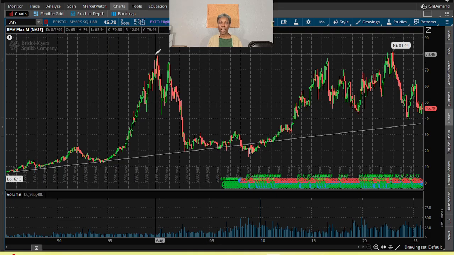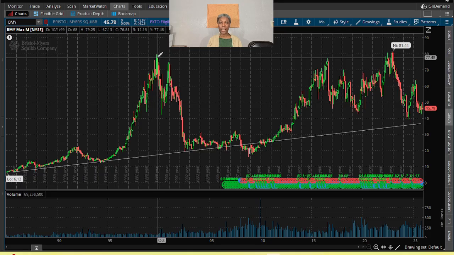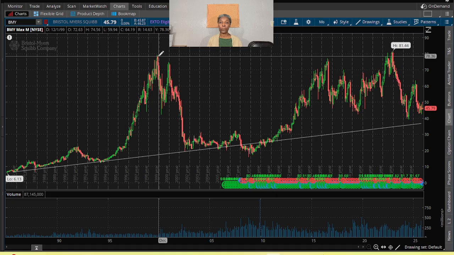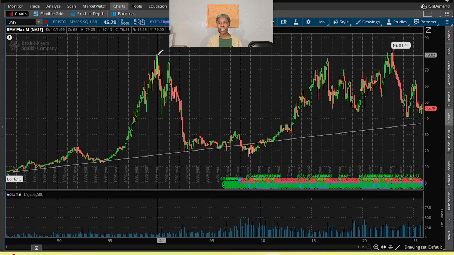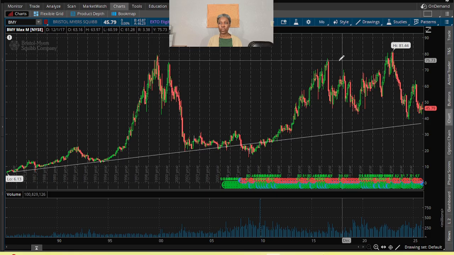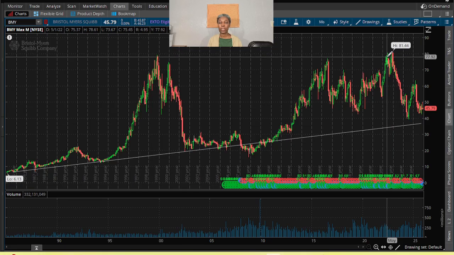Now we are going to look at the top, and for this we are going to say that the top is kind of horizontal. It barely exceeds the previous mountain, so it tends to remain around that area. It does not exceed it too much.